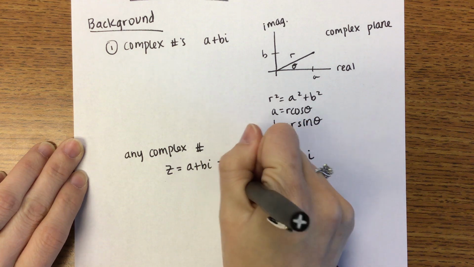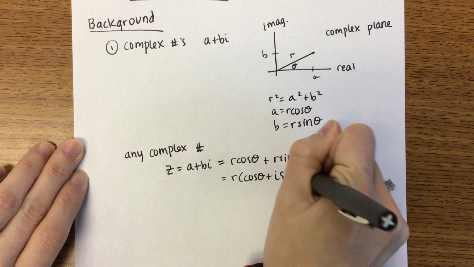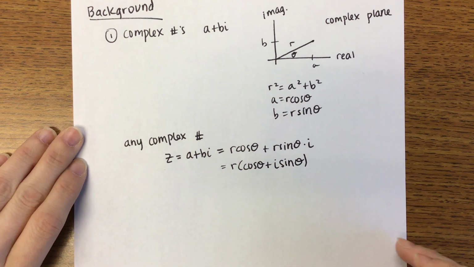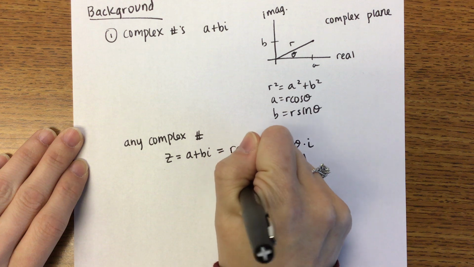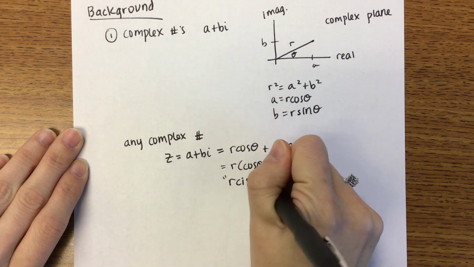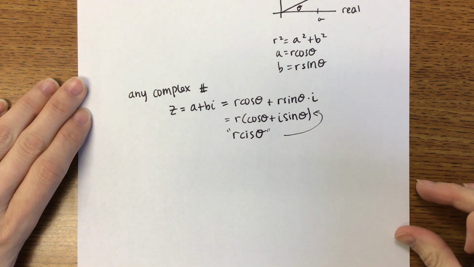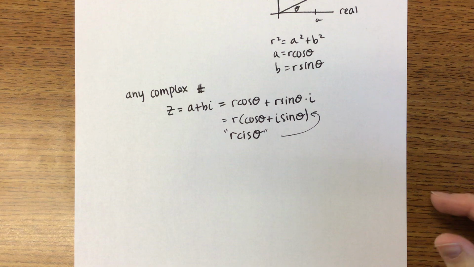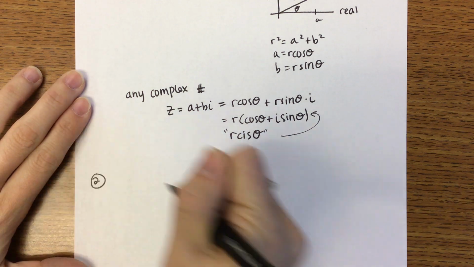If we factor out the r, we have r times cosine of theta plus i times sine of theta. This is abbreviated as r cis theta. So this has the same meaning as what's above. That's the first thing I need you to remember.